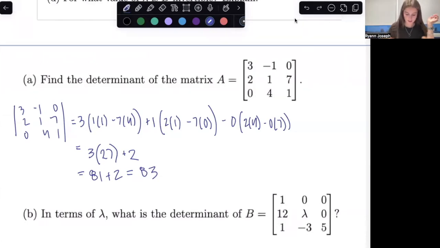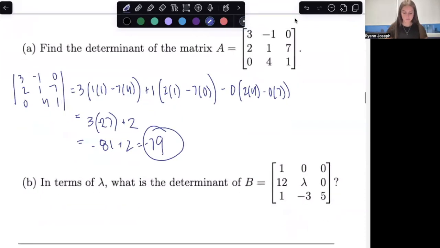It's because this is supposed to be a negative. Right. Oh yeah, this is 1 minus 28, so it's negative 27. My bad. So that gives you negative 81 plus 2 is negative 79. That's the determinant of this matrix.